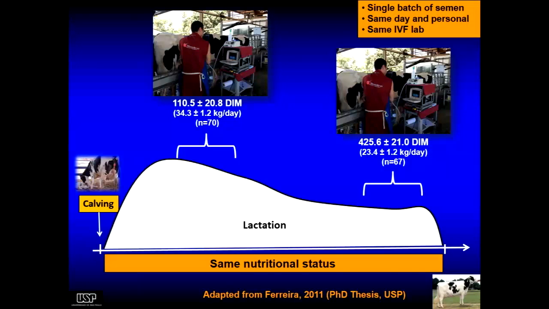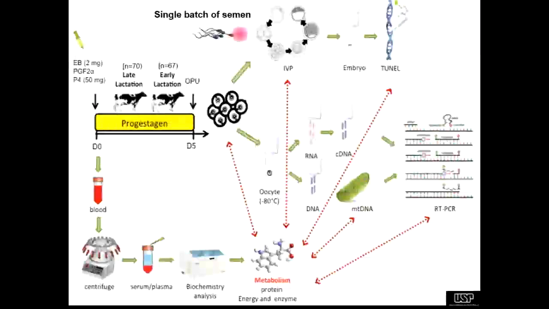And this is the situation from the experiment that we did. We synchronized the animals to collect them at the same phase of the wave. We did fertilization in the in vitro embryo production. And for some part of these embryos, we did a TUNEL to understand the development and the apoptosis.